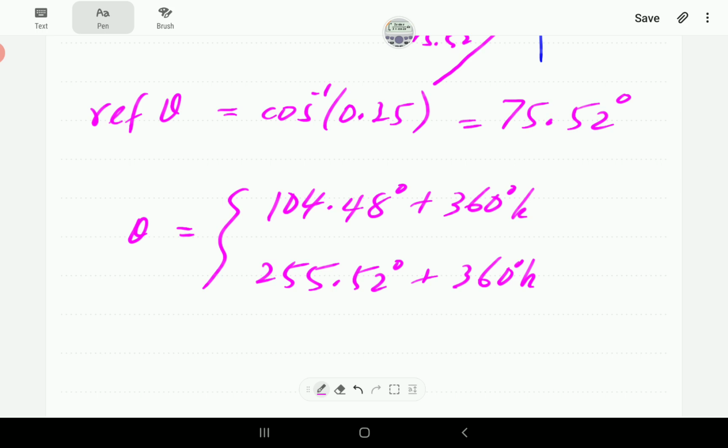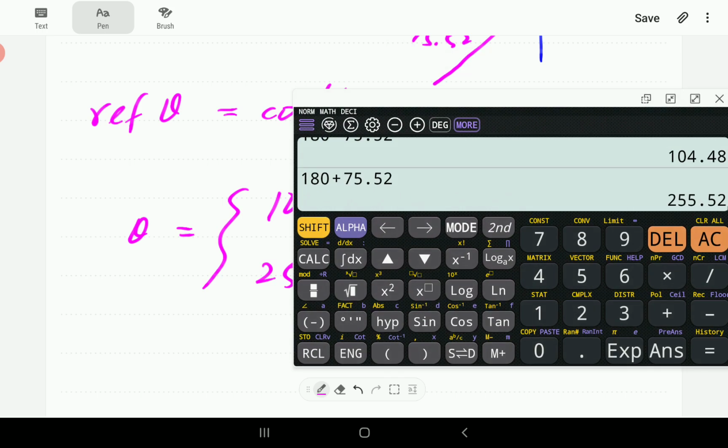Just going to show you how to check that your answer is correct. After finding the reference angle, let me just go back. Inverse cosine 0.25 is the reference angle. Then if I say plus 180, that's the exact value of the solution. Then I'm going to save this.